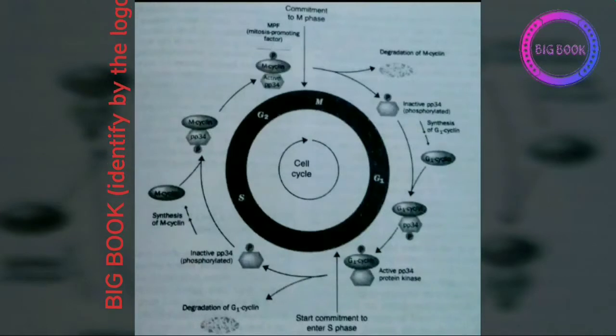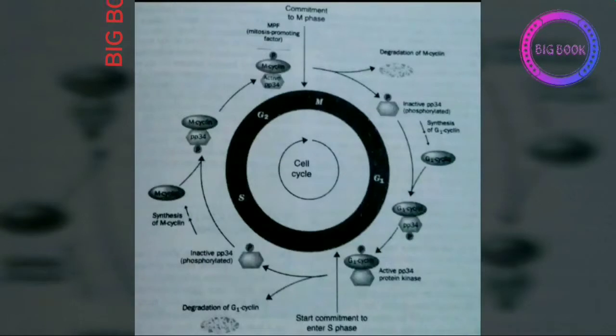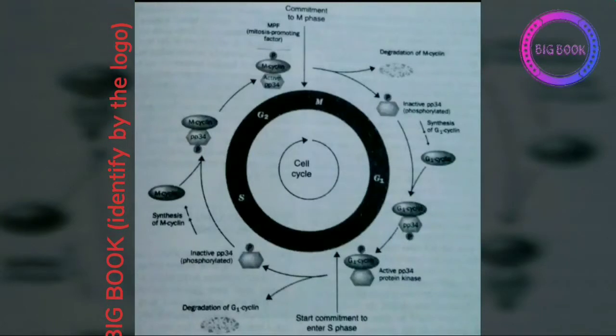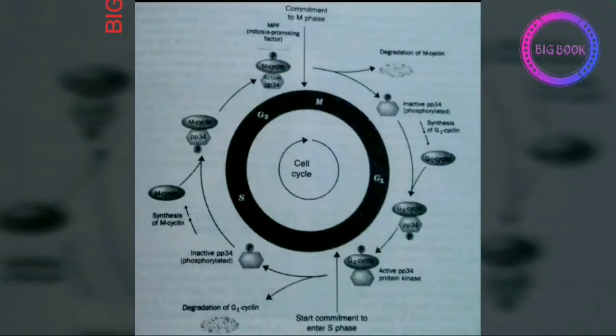In the G1 phase we can see that p34 remains inactive but phosphorylated, where it is going to get attached with the G1 cyclin to form the complex or factor which can initiate the S phase.